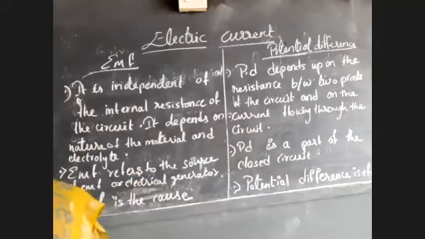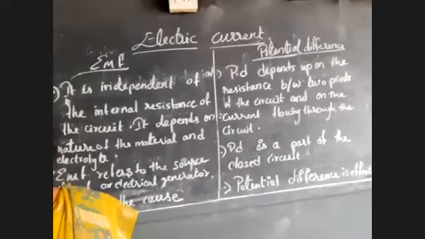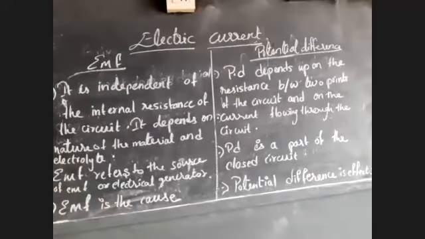Potential difference is the effect. EMF is the cause, potential difference is the effect. Okay, students, you can take the screenshot of whatever I have written on the board. Okay, now we will continue to the next part.